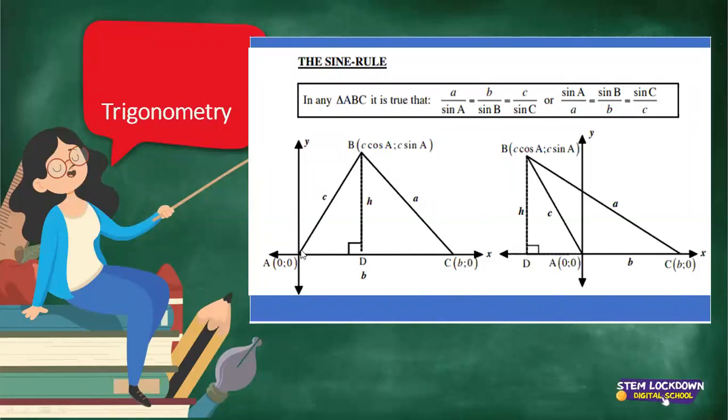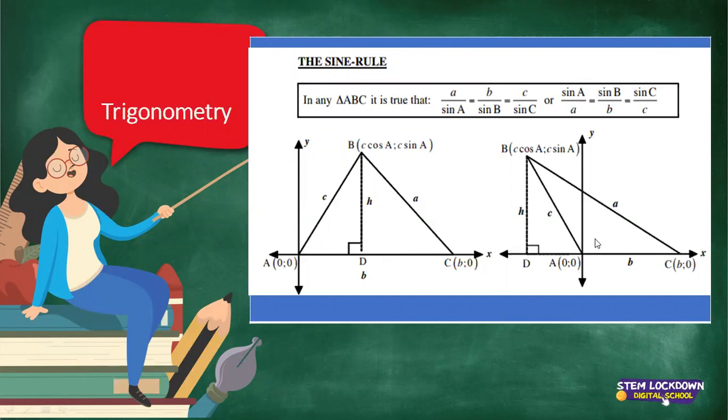If this is angle A, it automatically gives you a small a. Since this is our B, this side of the triangle is small b. And this is angle C, which gives you small c. Then we create a perpendicular as height.